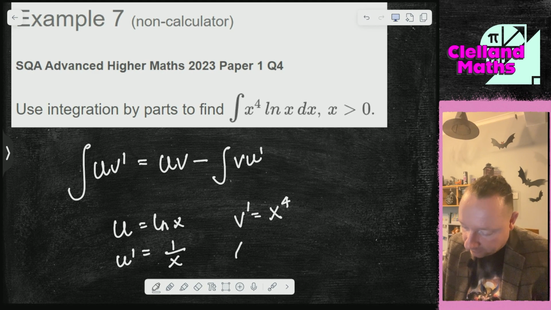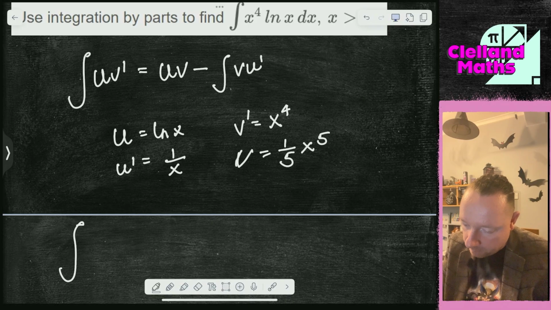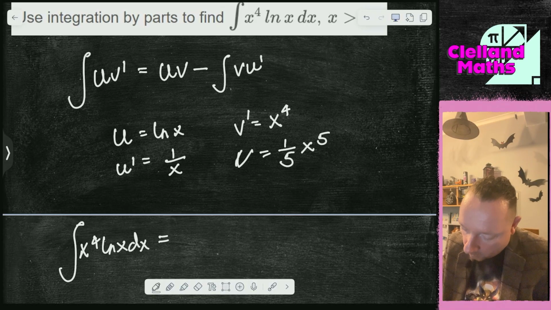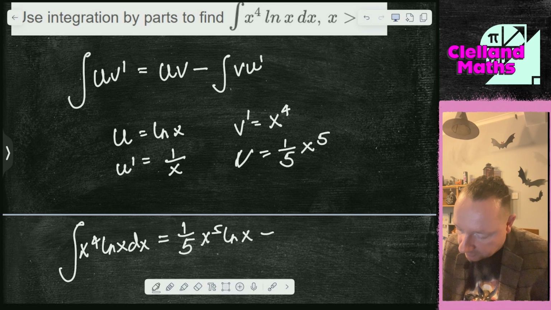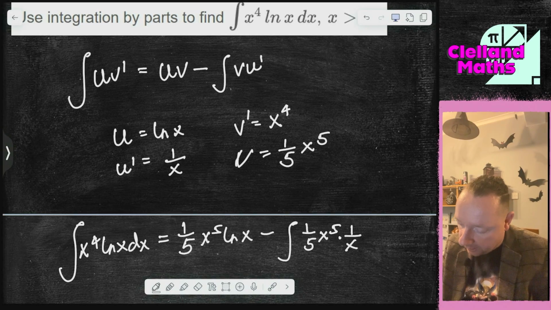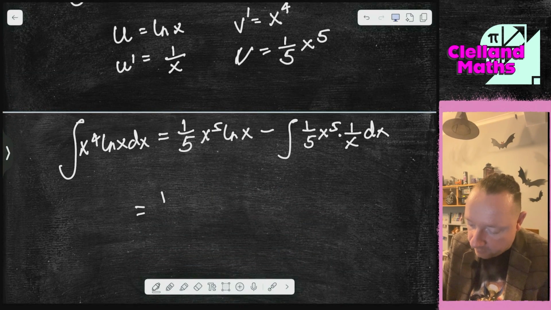So integrate that to get v, which is 1/5 x to the 5. So that means our integral of x to the 4 log x dx becomes u times v, 1/5 x to the 5 log x, minus the integral of v again, which is 1/5 x to the 5, times u dash, which is 1 over x dx. Well, that's handy because that'll be integratable. So that gives us 1/5 x to the 5 log x.